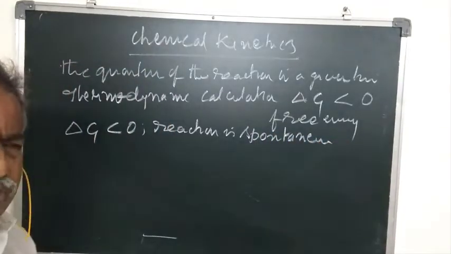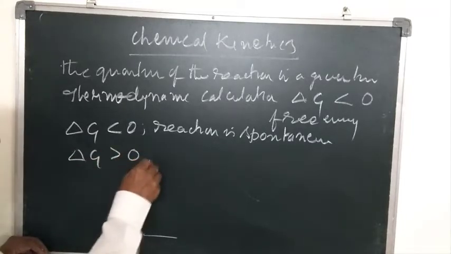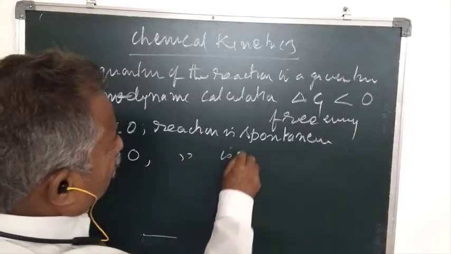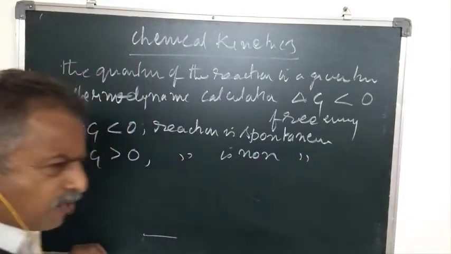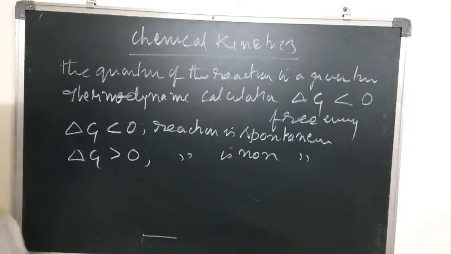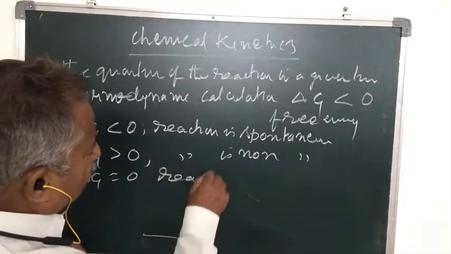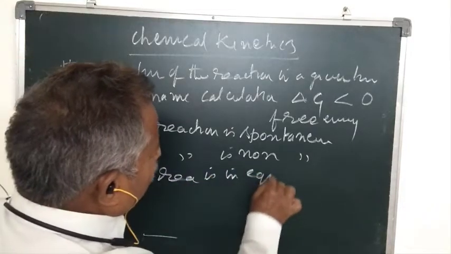Spontaneous means the reaction goes on its own. If delta G is greater than 0, the reaction is non-spontaneous. Non-spontaneous means we have to provide certain conditions to carry on the reaction. If delta G is equal to 0, the reaction is in equilibrium.